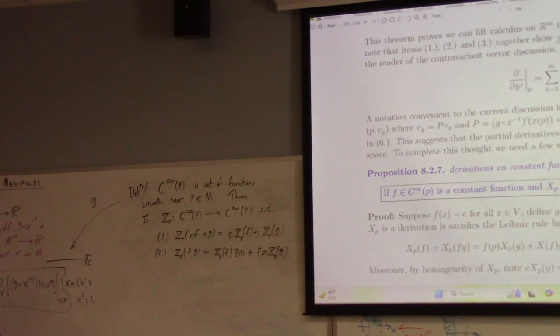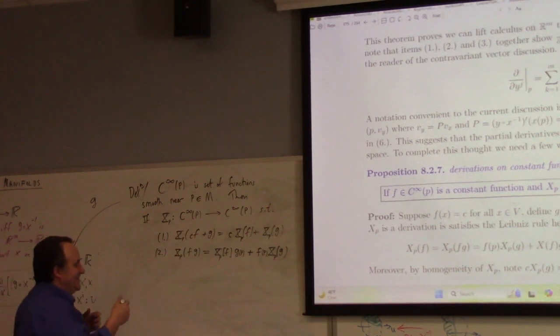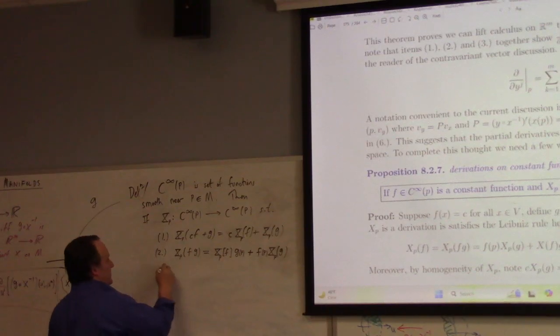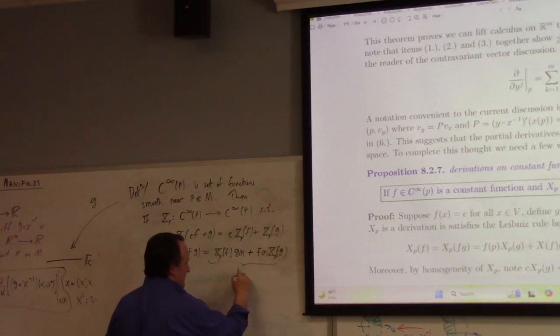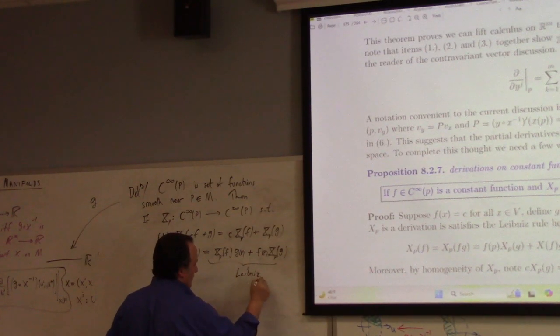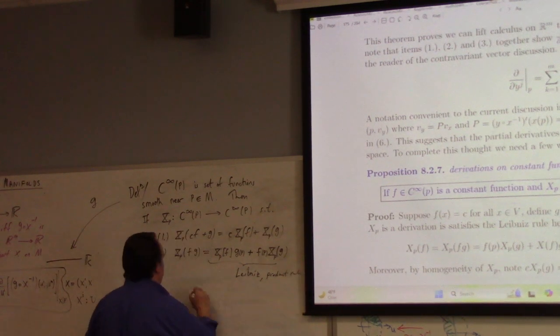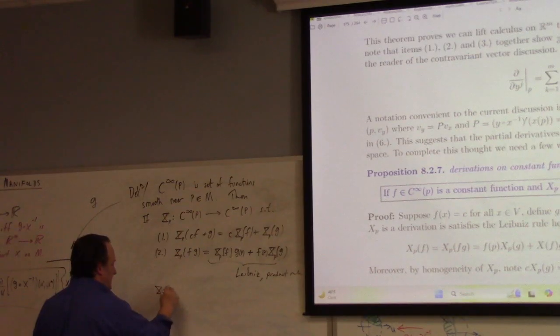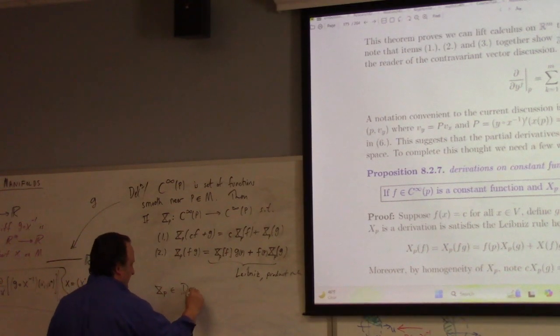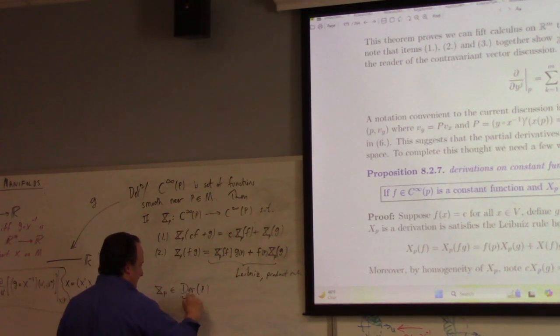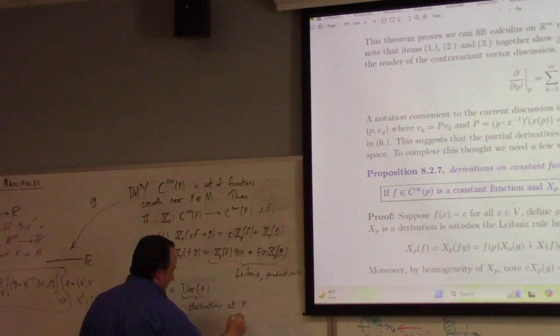What's number 2 good for? The product rule, right? This is sometimes called the Leibniz or product rule. And X sub P is an element of what we call derivations at P.